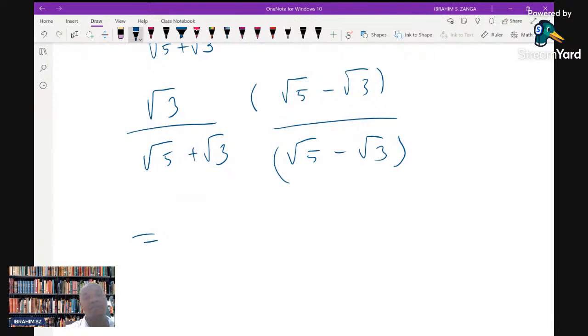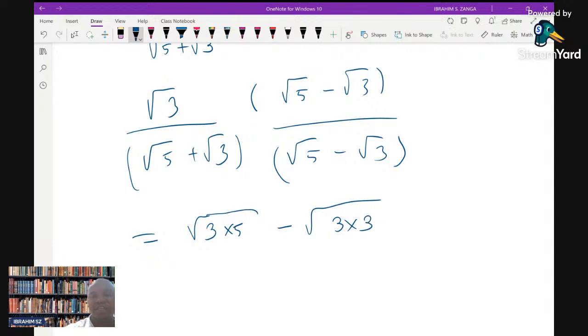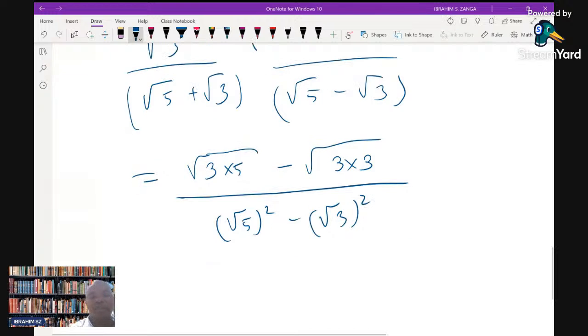Okay, we are going to open the bracket in the numerator. In the numerator, you have square root of 3 times square root of 5. So it will be square root of 3 times 5 minus square root of 3 times 3 divided by square root of 5 square minus square root of 3 square.